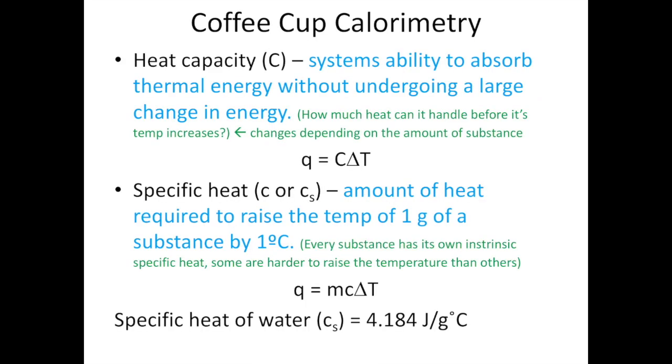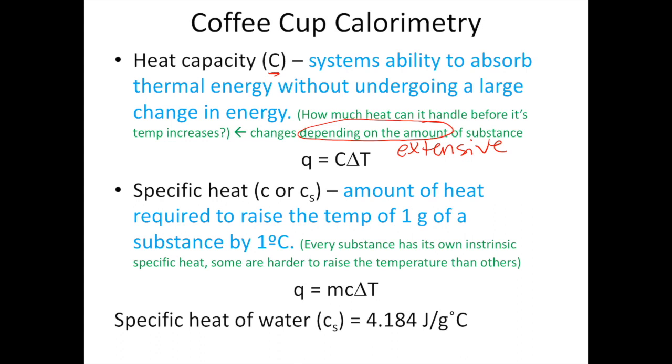There are a couple constants that we need to talk about and equations that we use to calculate your Q, your heat, depending on the system. So first, heat capacity is big C. It's a system's ability to absorb thermal energy without undergoing a large change in temperature. So how much heat can something handle before its temperature increases? And it's dependent upon the amount of substance, which we call an extensive property, because it's dependent upon amount.